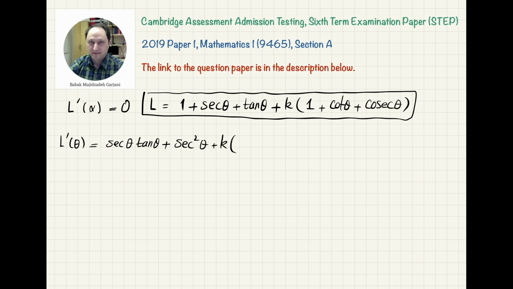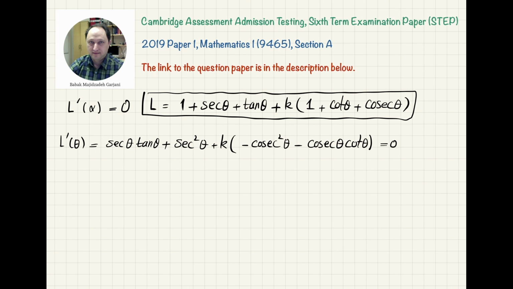The derivative of 1 is 0, the derivative of cotangent is minus cosecant squared theta, and the derivative of cosecant is minus cosecant theta multiplied by cotangent theta. And then I have to put this equal to 0.